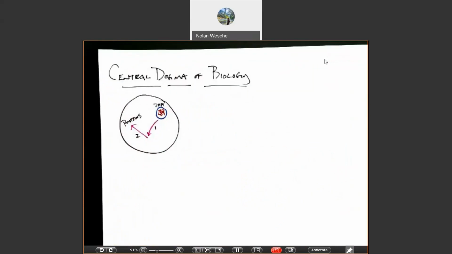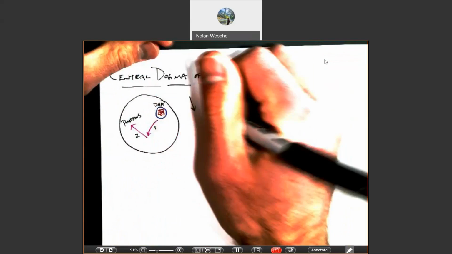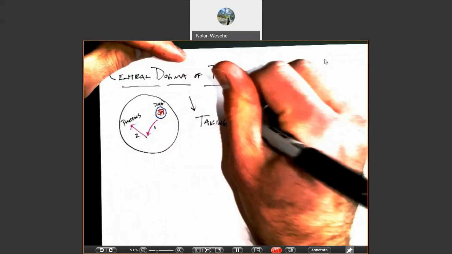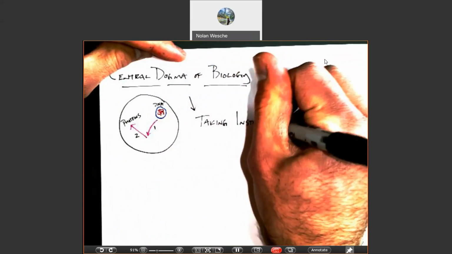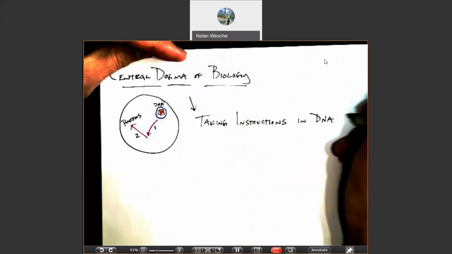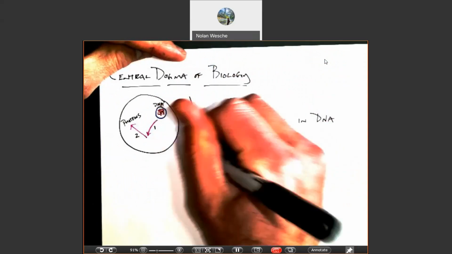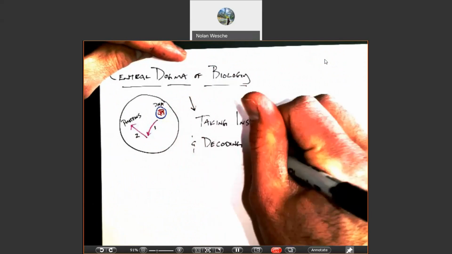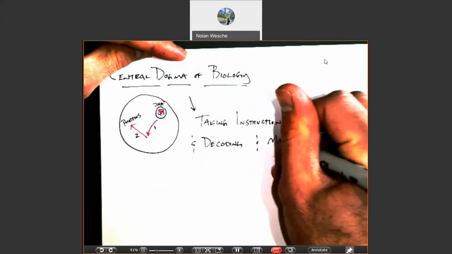So the main idea here is that we are taking instructions in DNA, we are going to decode those instructions, and we're going to make some proteins.